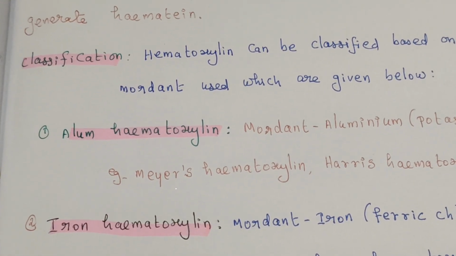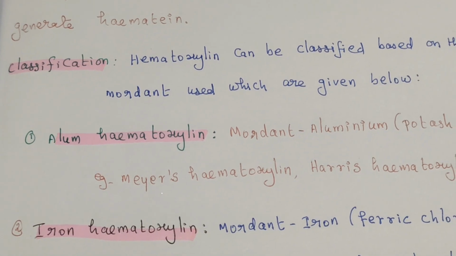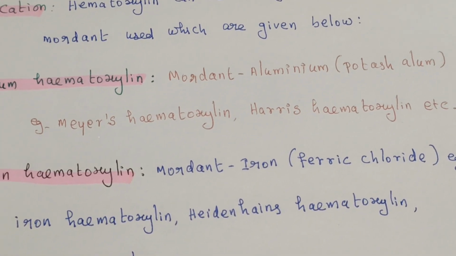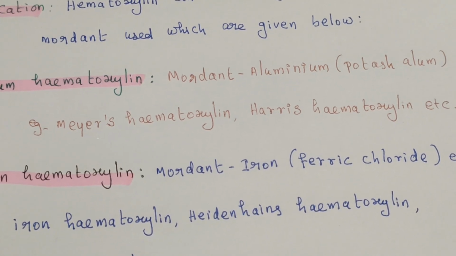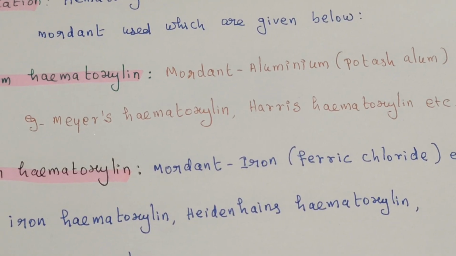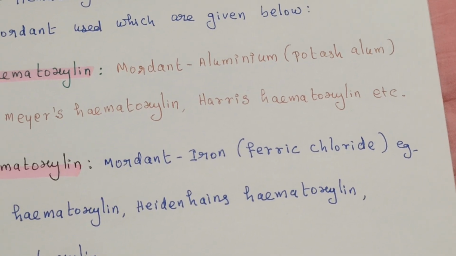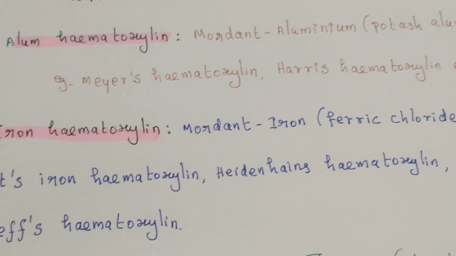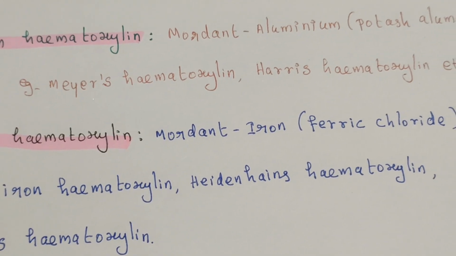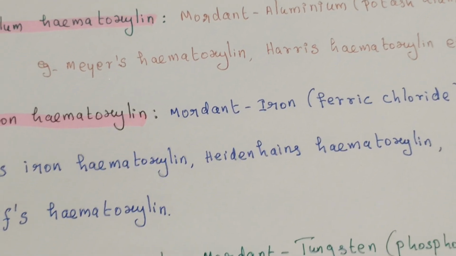First is alum hematoxylin, where the mordant is aluminium, potash alum. Examples: Meyer's hematoxylin, Harris's hematoxylin, etc.